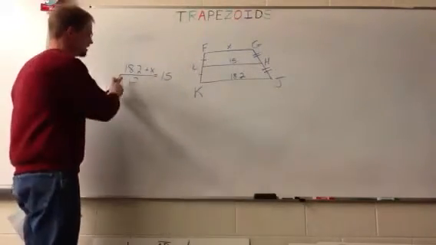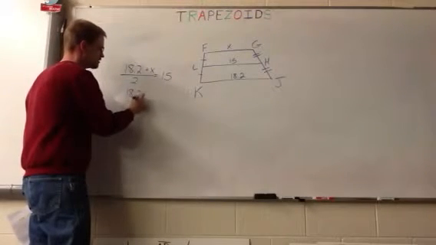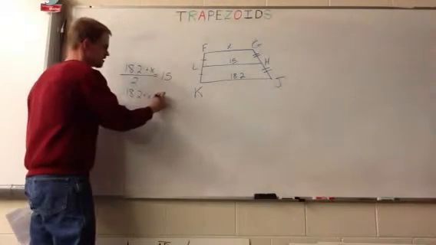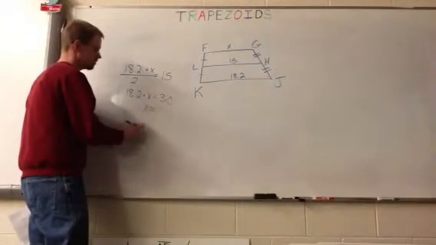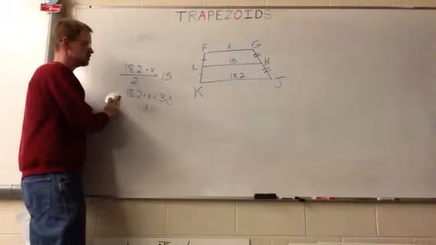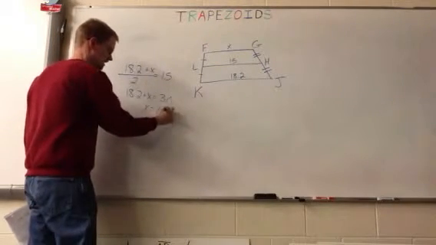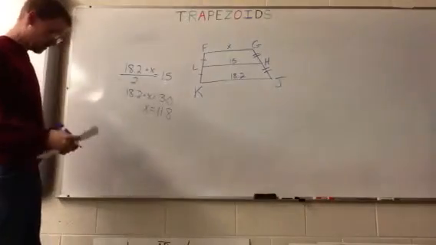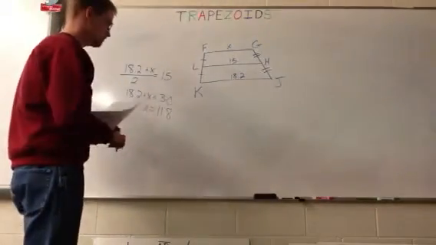We'll take both sides times 2. We're left with 18.2 plus x equals 30. And x equals, we just subtract 18.2 from both sides. That should leave us with 11.8 for the value of x. One example problem you'll get.